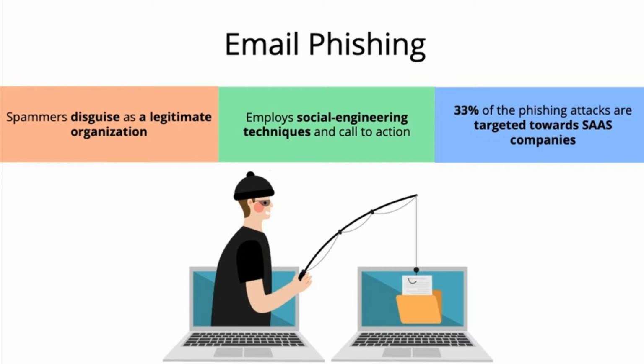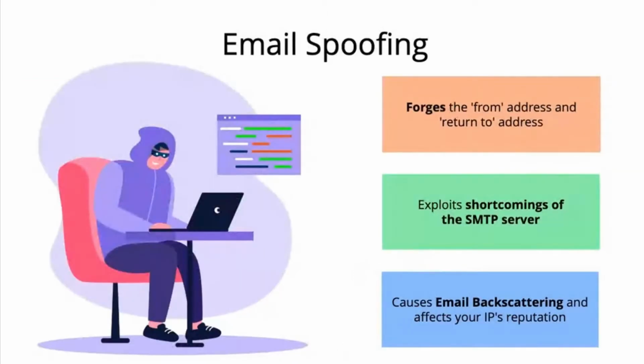Spoofing coupled with phishing can make it highly difficult for a user to tell apart what is true and what is not. So the question comes, what is email spoofing? Email spoofing is where the spammer would forge a legitimate email address and trick the recipient into believing that the email is from someone it's not from.